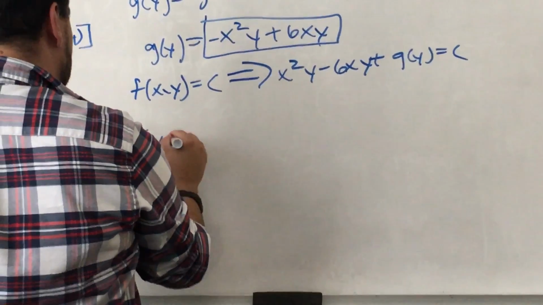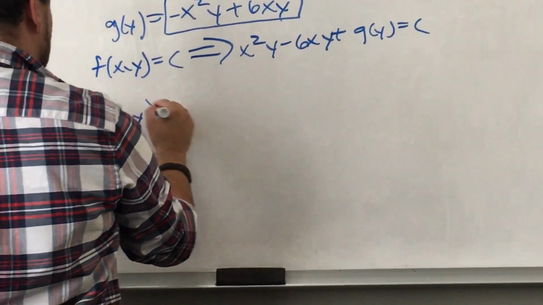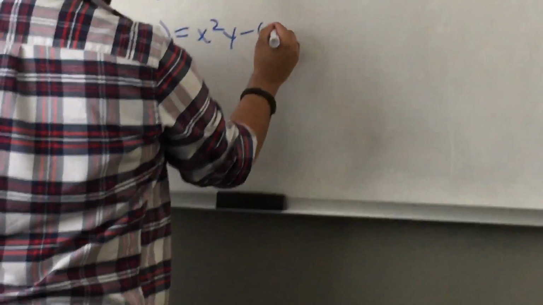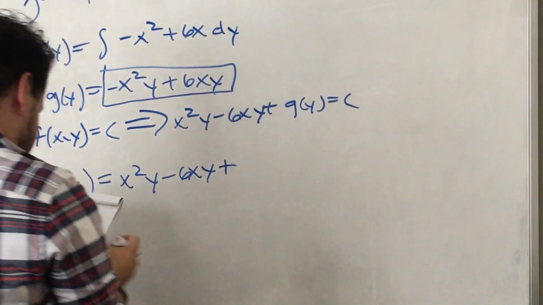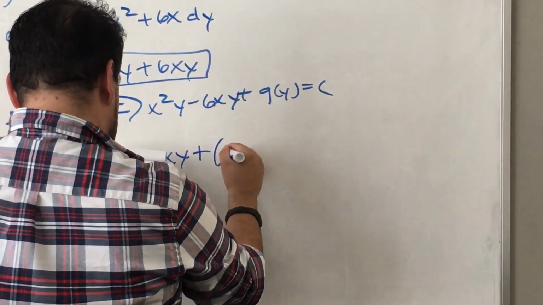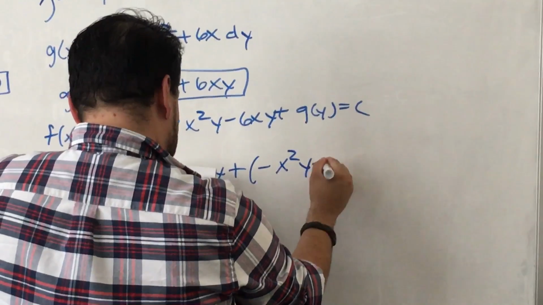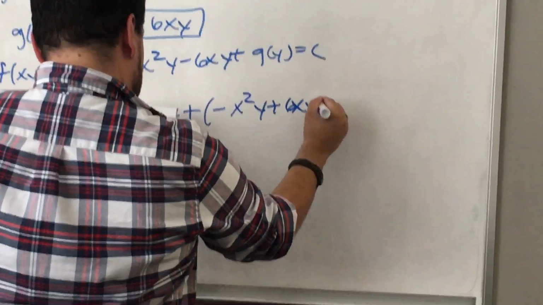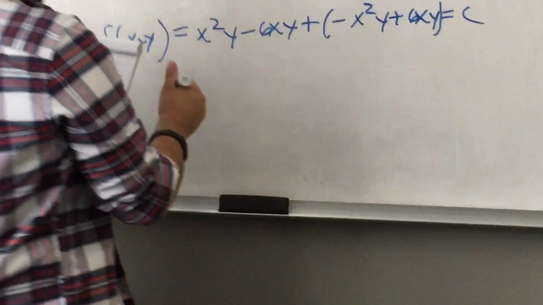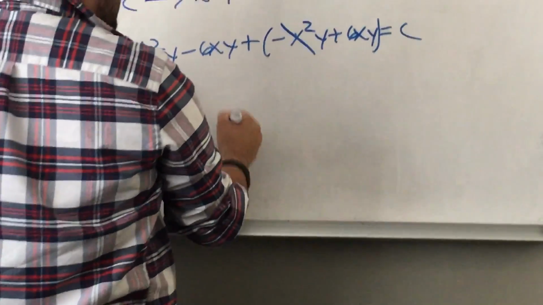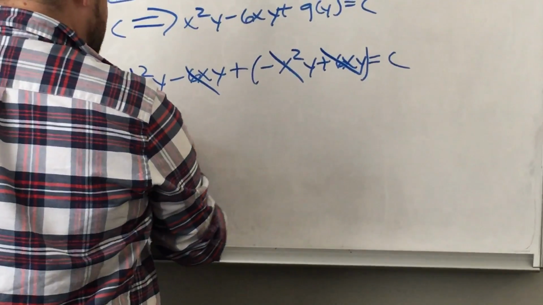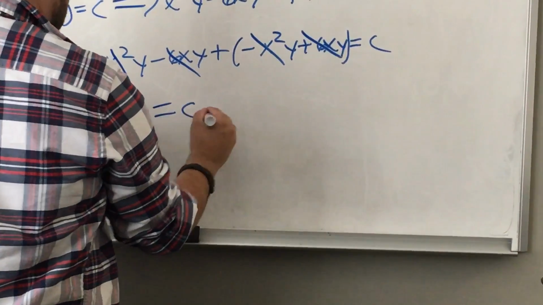So f of x and y equals x squared y minus 6xy plus negative x squared y plus 6xy equals c. And if we see here, this cancels out with this, and this cancels out with this, so we're left with 0 equals c.